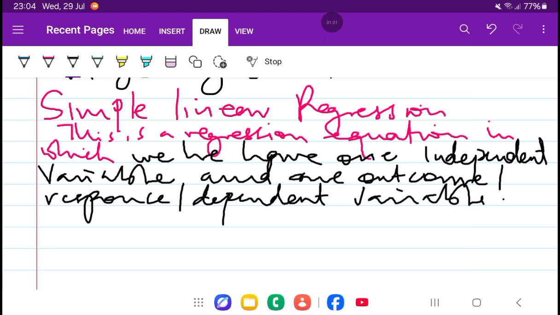So here we have only one independent variable and one dependent variable. So with this, it is the one where we have y equal to a plus bx.